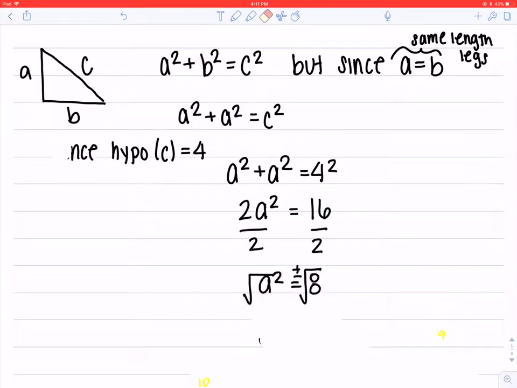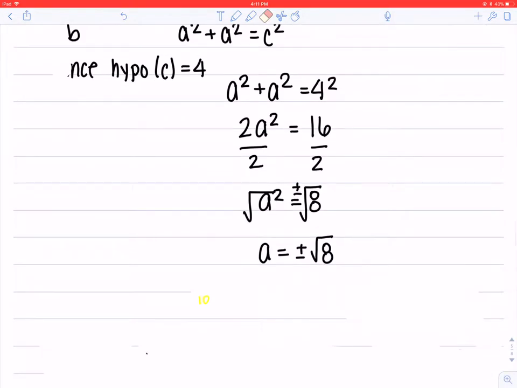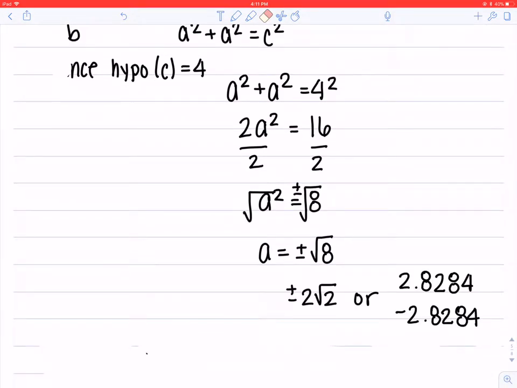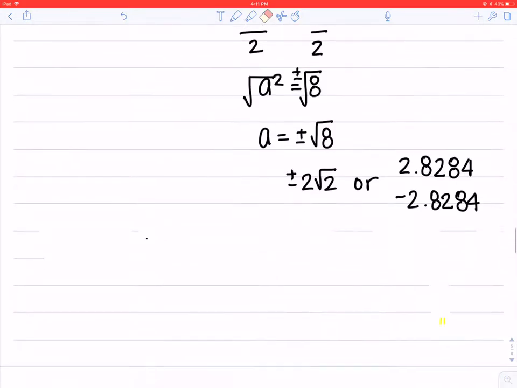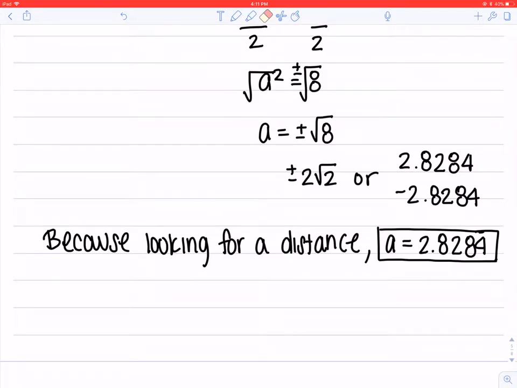I'm going to solve this and get a equals plus or minus the square root of 8. Simplify the radical, or you can go ahead and put it into a decimal. Because this is length, if I said 2 square root of 2 meters, that doesn't really make sense, so I actually prefer the decimals only for this section. And because I am doing length, I can't have negative meters, so my final answer is a equals 2.8284.